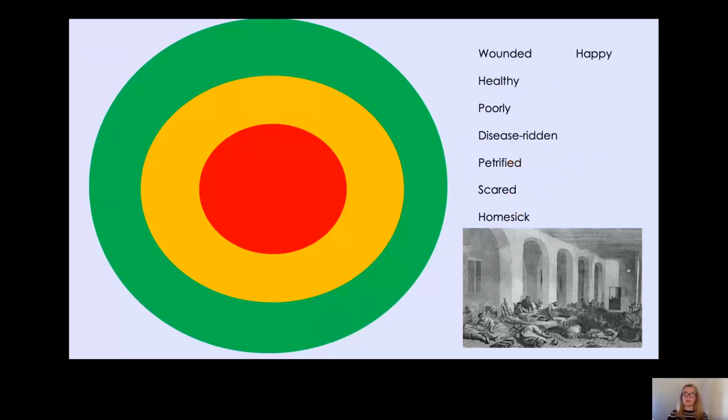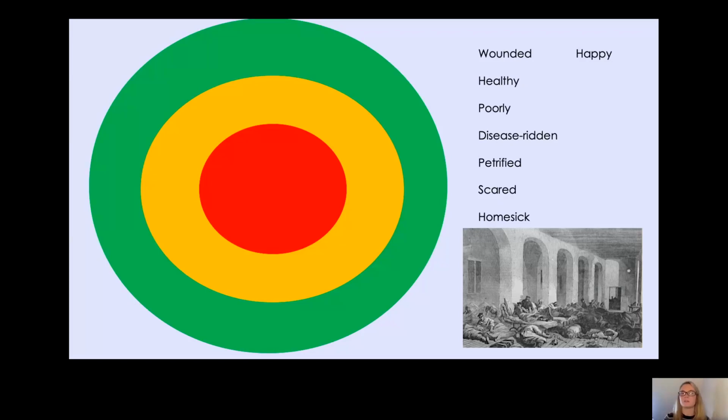So here is our zone of relevance. Do you remember this from when we did it in class? So the green circle is the words, the adjectives, we could definitely use to describe the soldiers. Then we've got the orange, which we could describe the soldiers with, but we can think of better adjectives to use.